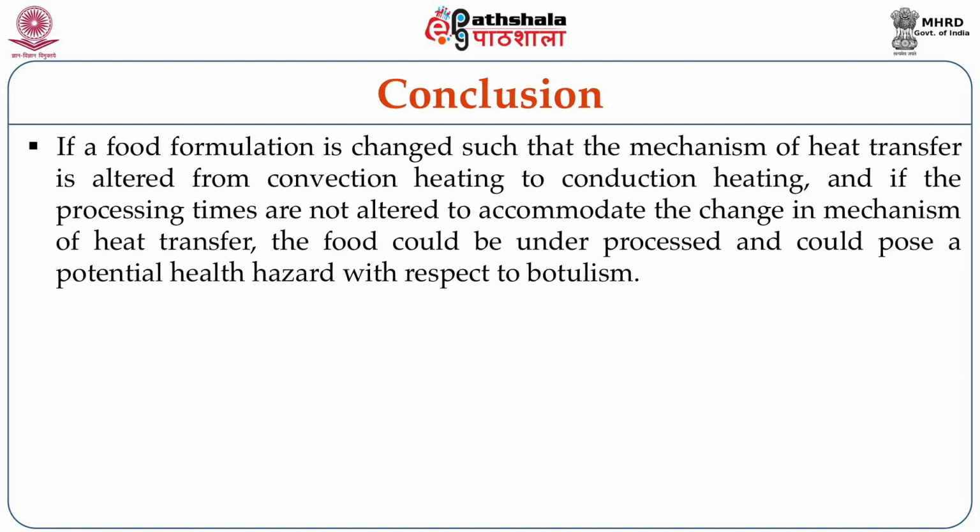If a food formulation is changed such that the mechanism of heat transfer is altered from convection heating to conduction heating, and if the processing times are not altered to accommodate the change in mechanism of heat transfer, the food could be under processed and could also pose a potential health hazard with respect to botulism or any other condition.